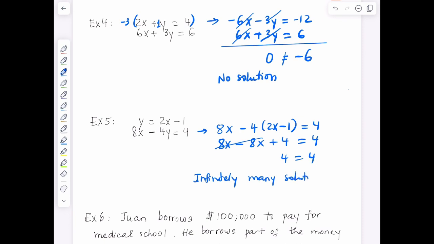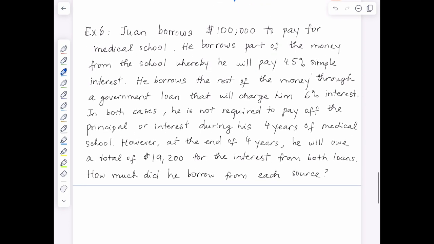And if you were to graph, you will notice that these two lines overlap, and therefore they have infinitely many intersection points, and therefore infinitely many solutions. Now we're going to look at one application problem.